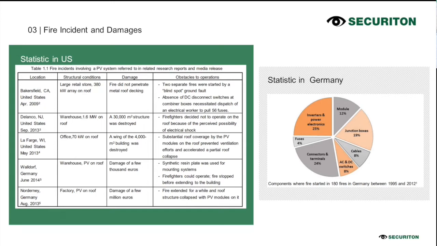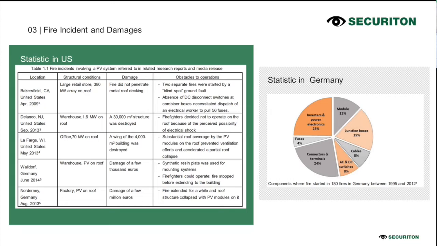The costs, mainly because of the modules, contribute 12% of it. And most of the inverters and power electronics, you see, those are the highest contributor, which contribute 25% of the total loss as well. And terminal connectors and terminals also caused fire incidents. This survey was done from 1995 up to 2012.